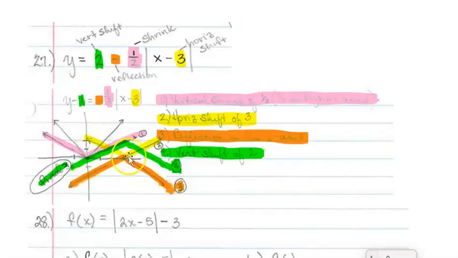So I'm going to take that yellow graph, which was the last one I just had, and I'm going to reflect it in the x-axis. So that's my number 3 right there. And then last, I'm going to look for a vertical shift. And again, any value subtracted from y is a vertical shift. So that'll be a vertical shift of 2. So I'm going to take that orange graph and I'm going to move it up 2 and set it back down. And that's going to be my final graph.